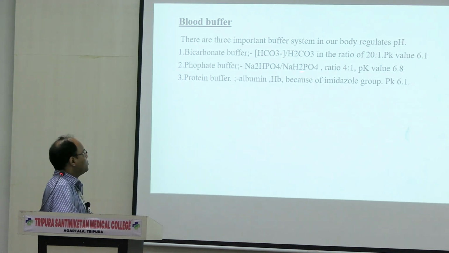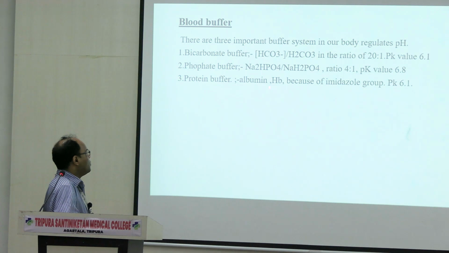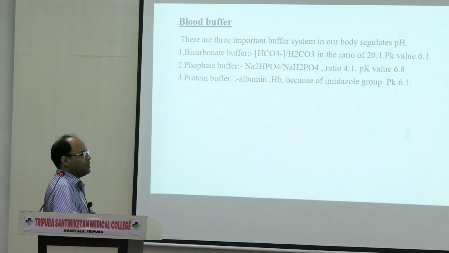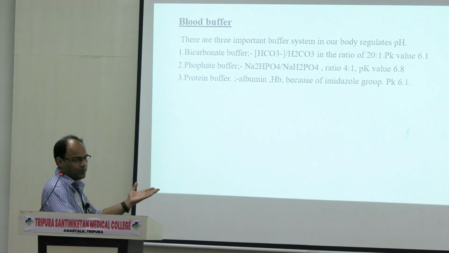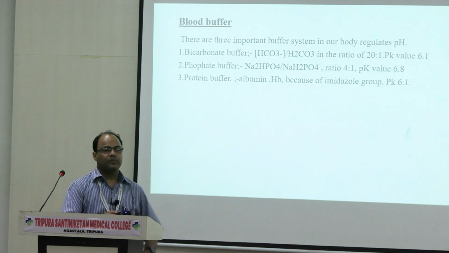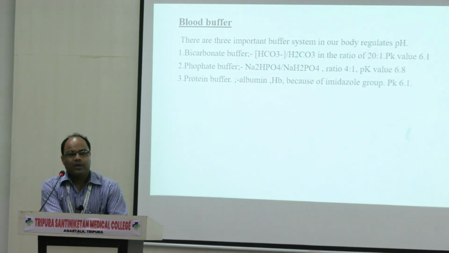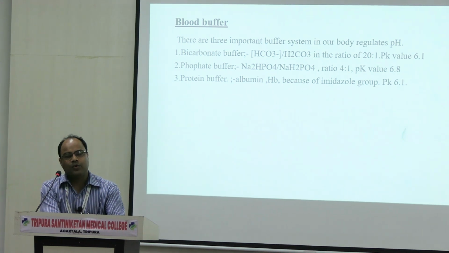This is the phosphate buffer. And protein buffers are albumin and hemoglobin, because they have an imidazole group with pK value around 7.4, near to 7.4, so they work very well. Understood? So in our blood there are 3 types of buffer: bicarbonate buffer, phosphate buffer, and number 3 is protein buffer.